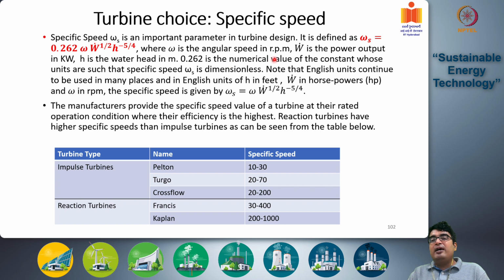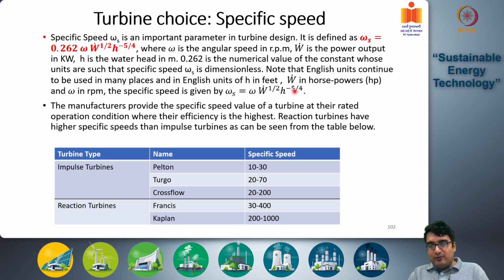0.262 is the numerical value of the constant whose units are such that omega s becomes dimensionless. So this specific speed is actually a holdover from an earlier time where English units were used. If we use the English units of H in feet, W dot in horsepower, or foot pounds, and omega in RPM, then the conversion is omega s equals omega times W dot to the power half times H to the power minus 5 by 4.